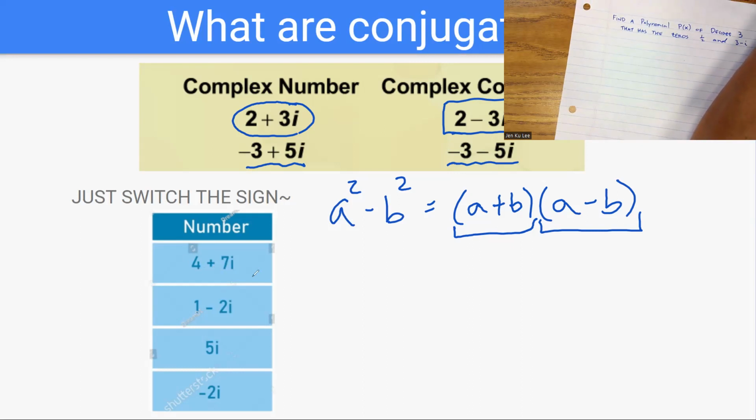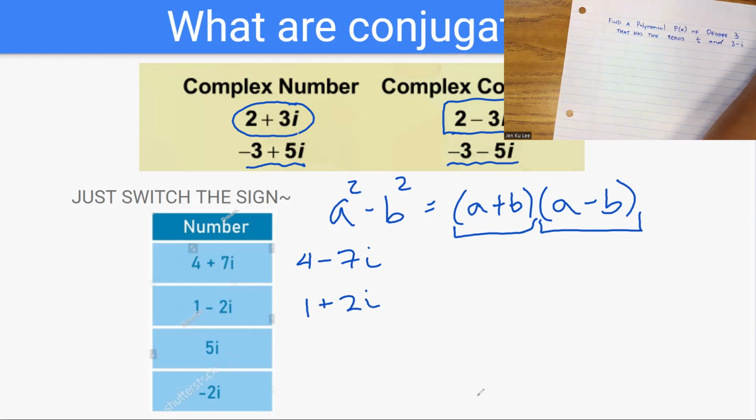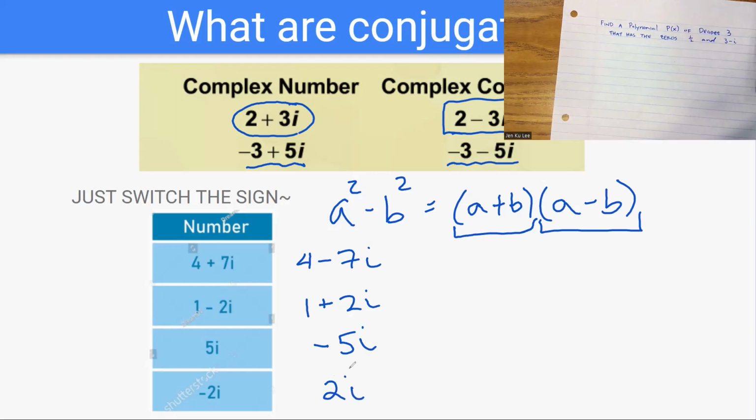So 4 plus 7i, the conjugate to that is 4 minus 7i. 1 minus 2i breaks out to 1 plus 2i. The conjugate to 5i is negative 5i. And the conjugate to negative 2i is positive 2i. So you're just getting basically the opposite.